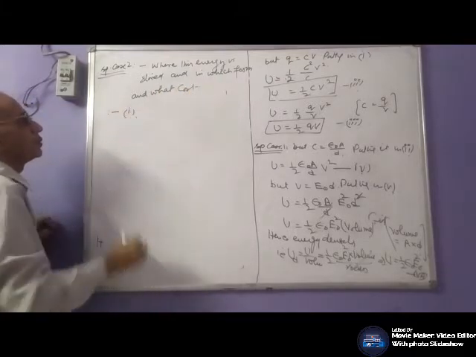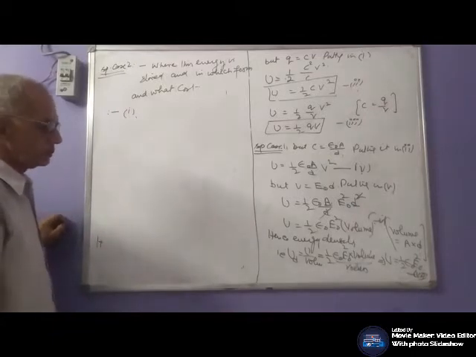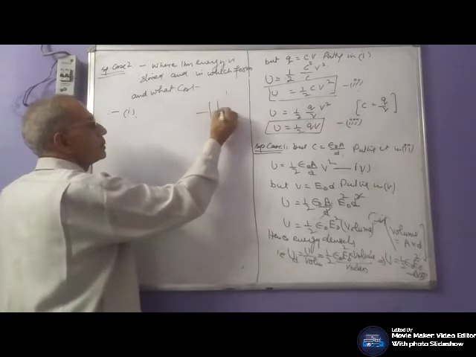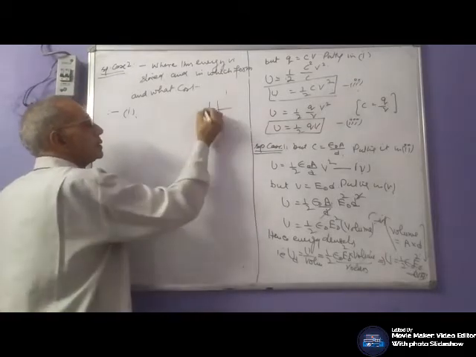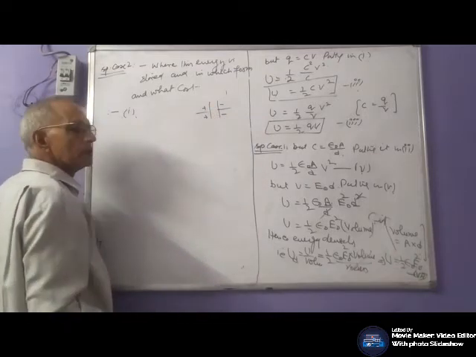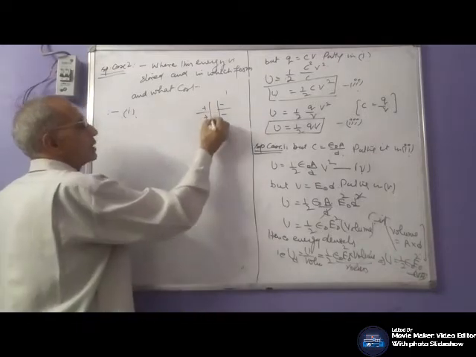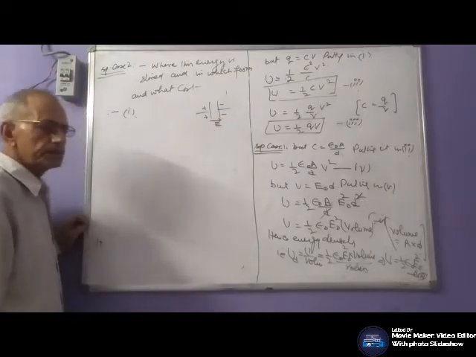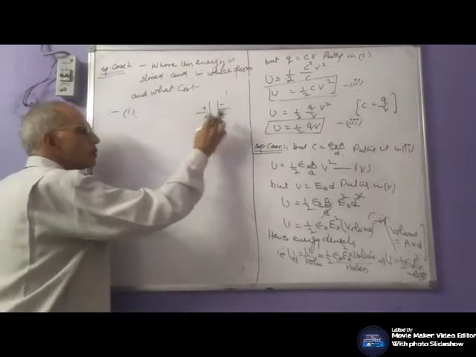First point, where the energy is stored. This is that capacitor, with a plus charge, so the capacitor is charged. There is an electric field from this to this.